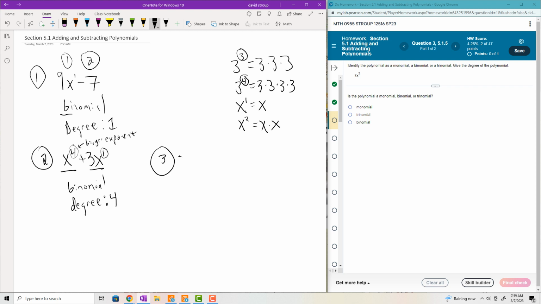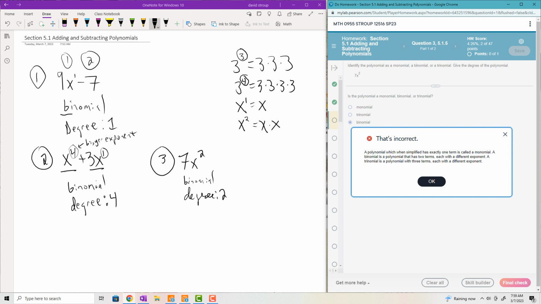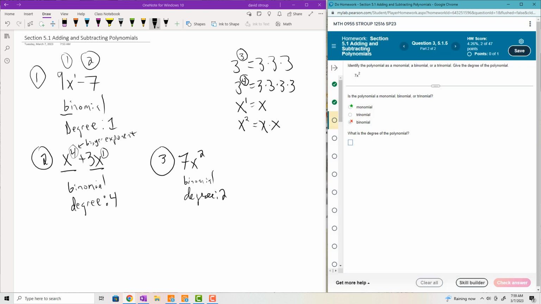Problem 3, this is a monomial. There's just one thing there, and then the degree is 2. Okay, so it's a binomial. Sorry, it's a monomial, and then the degree is 2.